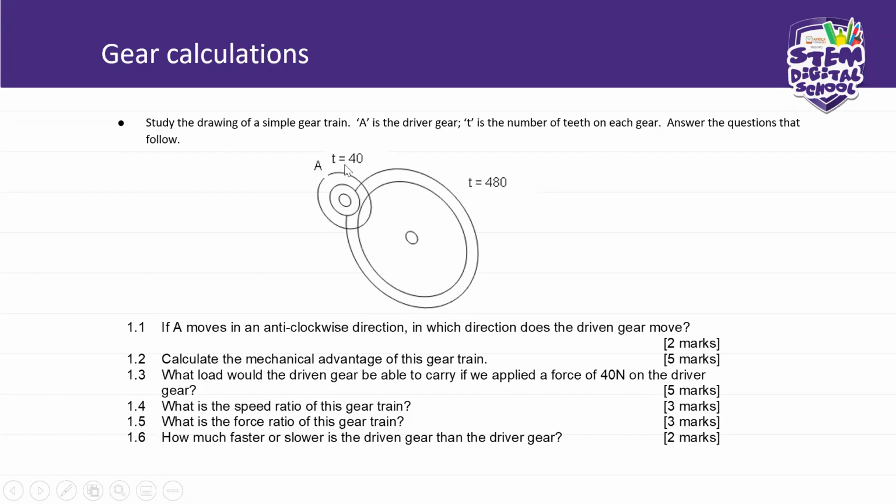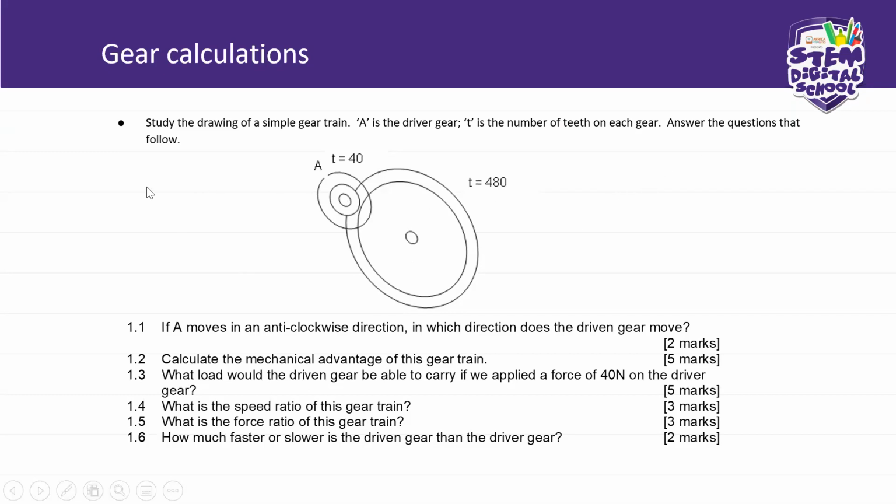The A is for the driver gear. So this small gear is the input. That is where the input is. It is the driver gear. Now you understand what is happening in this system.